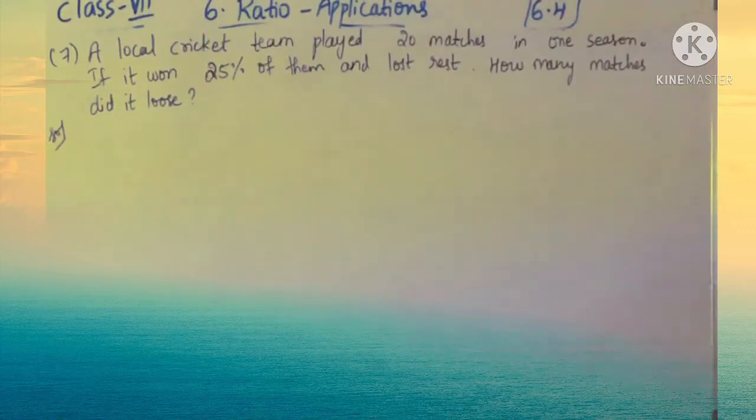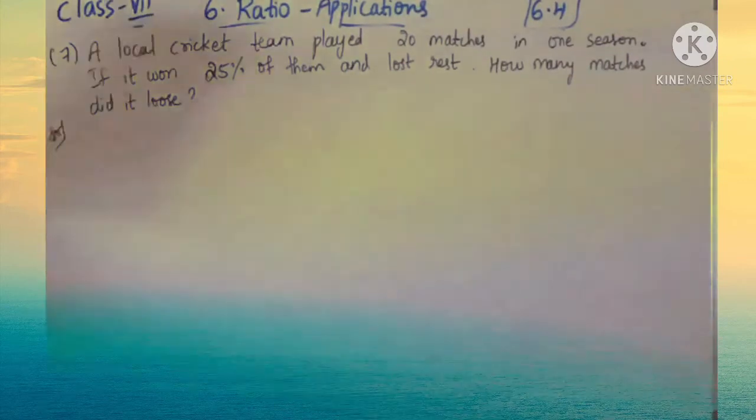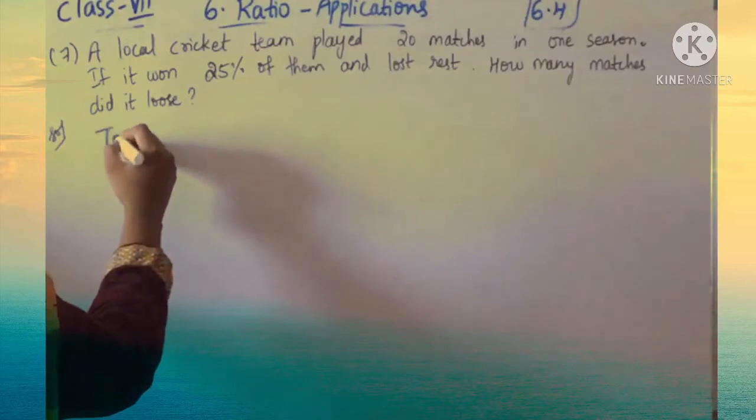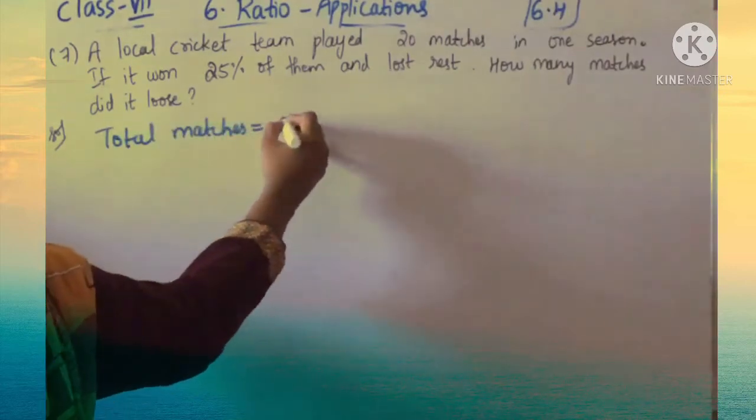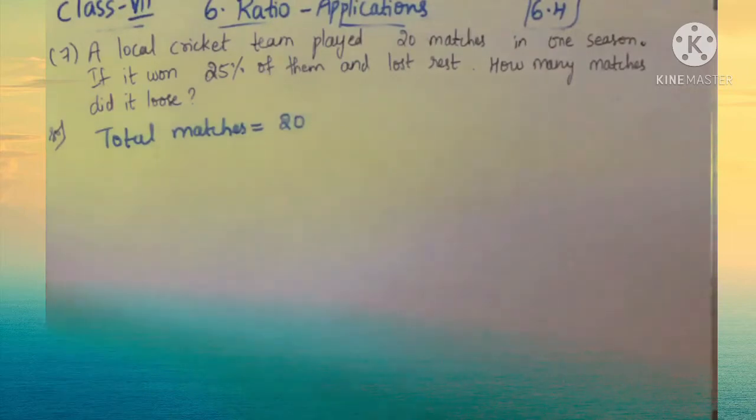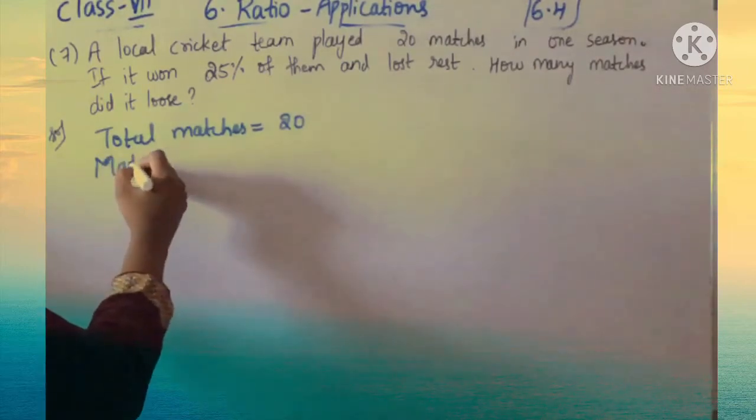Next question, the 7th one. A local cricket team played 20 matches in one season. If it won 25% of them and lost the rest, how many matches did it lose? Here, total matches, how many, children? Total matches are 20 here. So how many matches won?